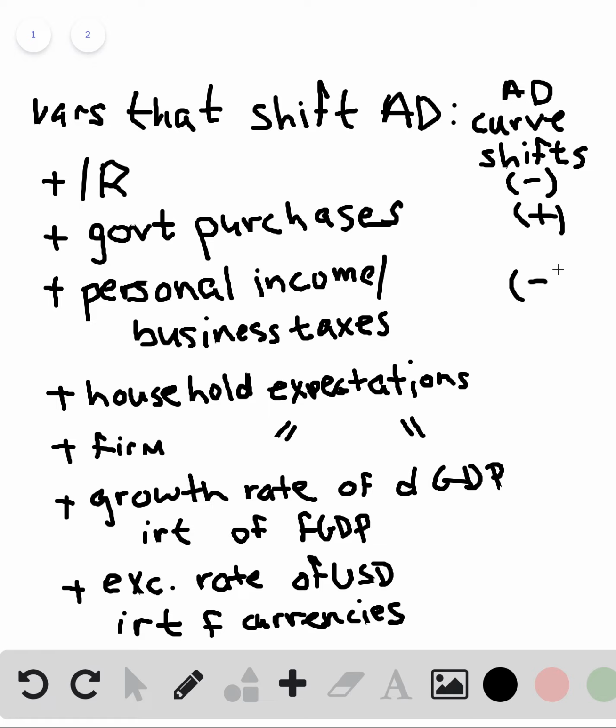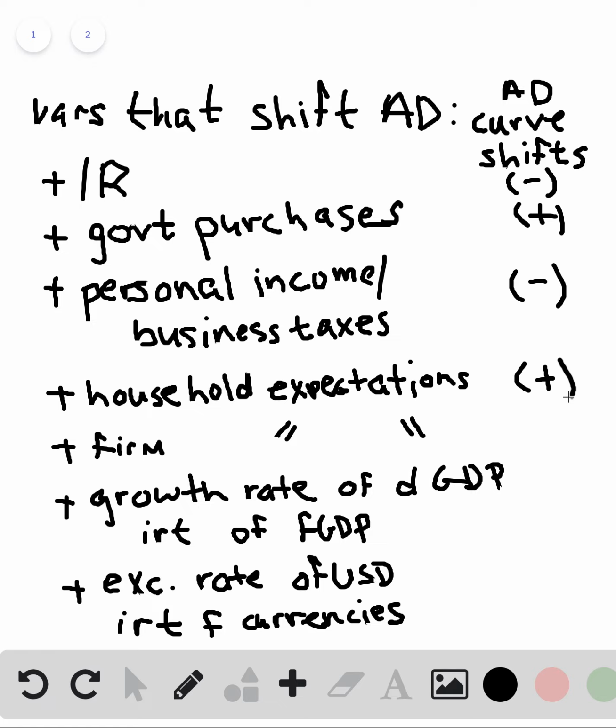So that's a negative shift in the AD curve. If there's an increase in household expectations of future incomes, that means consumers think, oh, we're going to have more money in the future, so we can fund more spending now. So that's an increase in consumption, which shifts the AD curve. So we are going to put that as a plus.